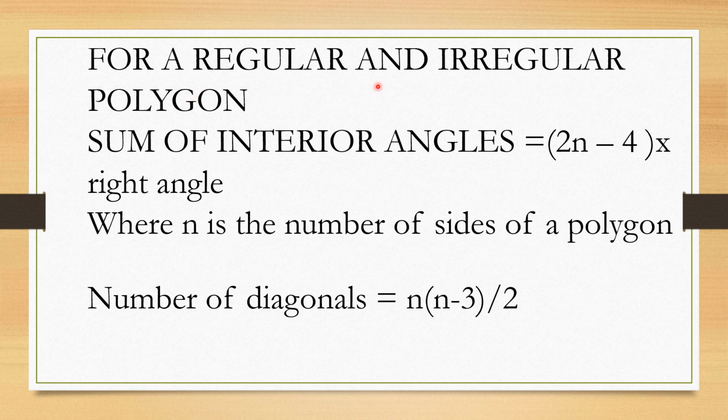For a regular and irregular polygon, sum of interior angles is given by (2n minus 4) into right angle, where n is the number of sides of a polygon. Another formula, for number of diagonals, is n(n minus 3) upon 2, where again n is the number of sides of a polygon.